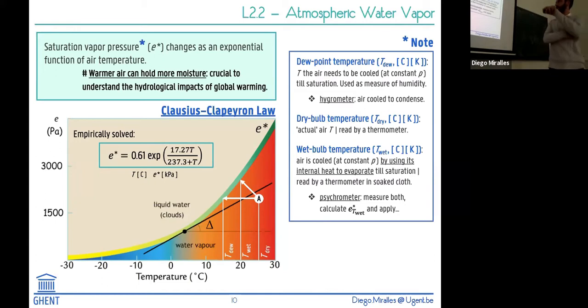So you have your air here, you cool it down. That point, that temperature is your dew point temperature. Pretty easy, right? So you just cool down your air until it saturates with the same humidity that it has. That point at which it saturates, your dew point temperature, right?